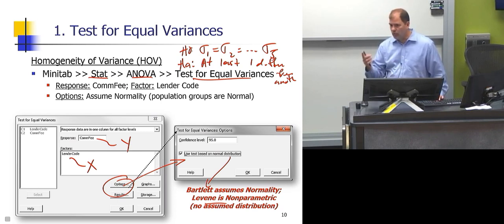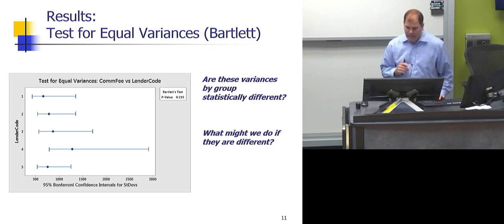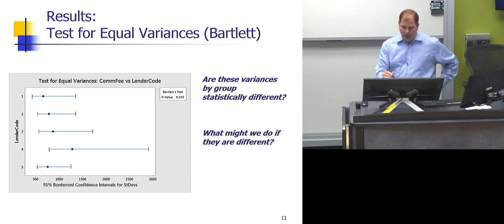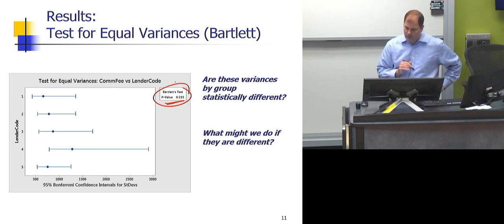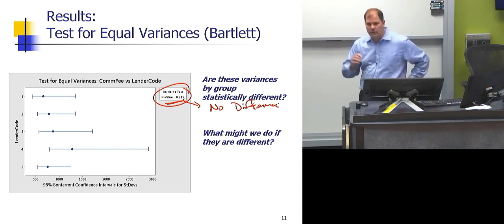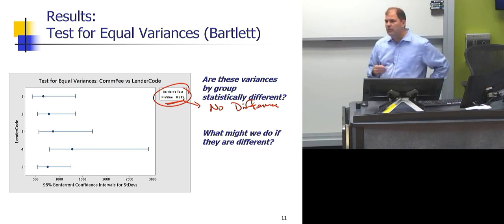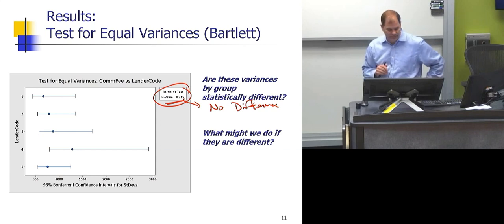Are we okay? Normal will pick the Bartlett test. And we do that, and Bartlett comes back and gives us a p-value of 0.215. And from that, we could say that there is no difference. Even though group 4 looked like maybe there might be an issue, we don't have any evidence to suggest that.